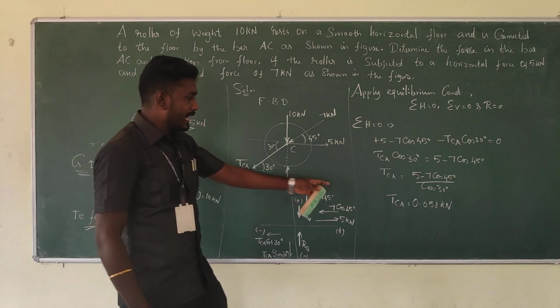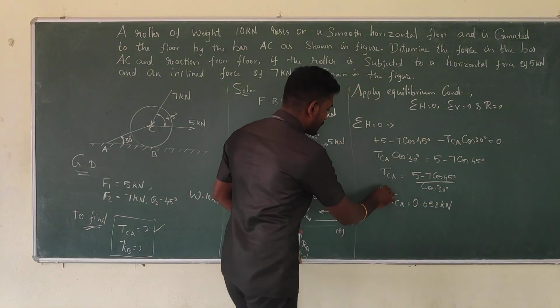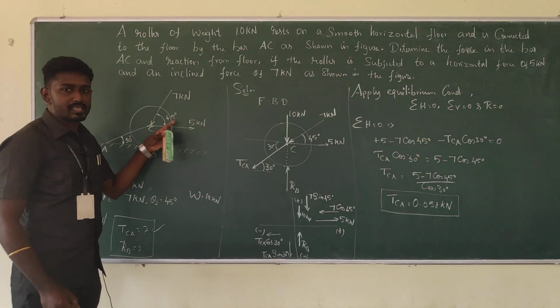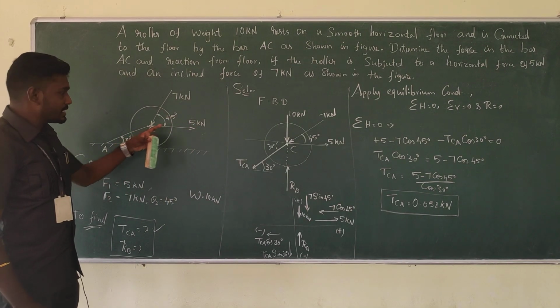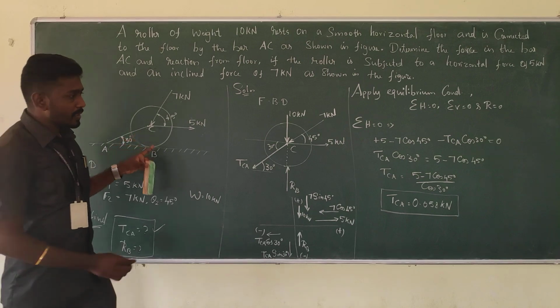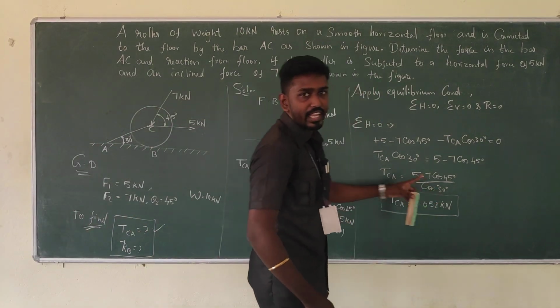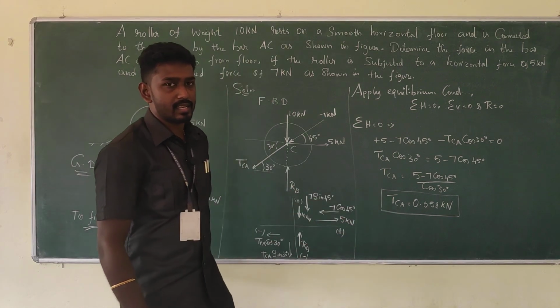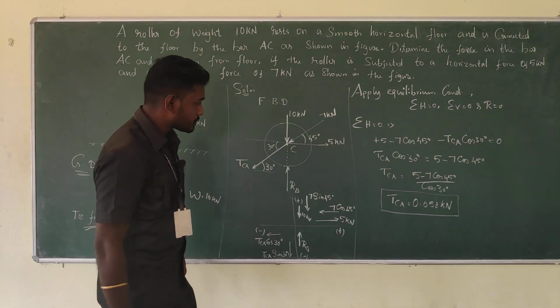We usually represent the units of force in Newton, but look at this question. All the forces in the question are represented in kilonewton, so we give kilonewton for the TCA. That is the tension in bar CA.